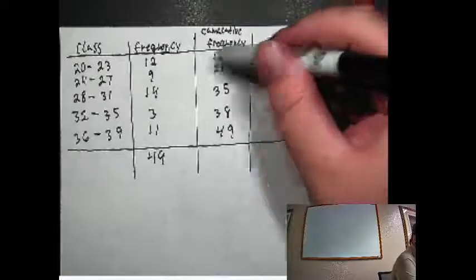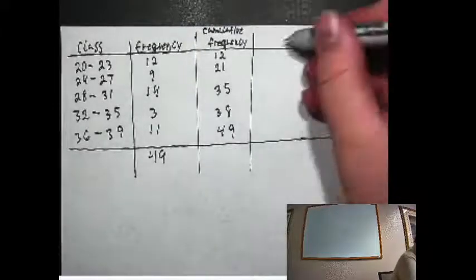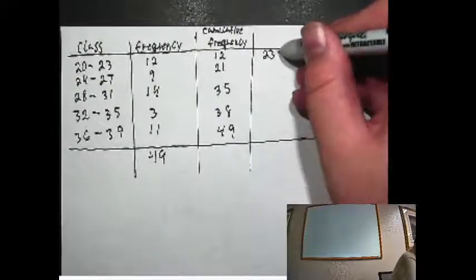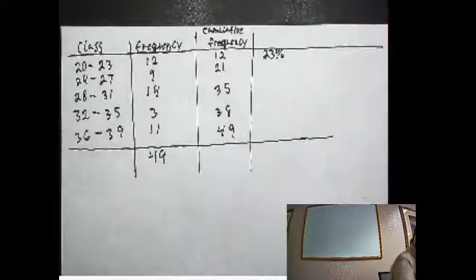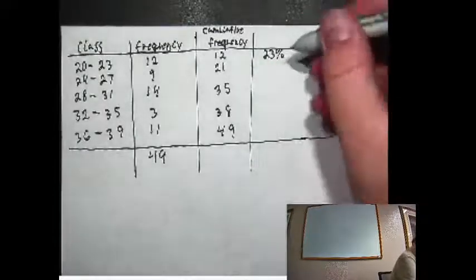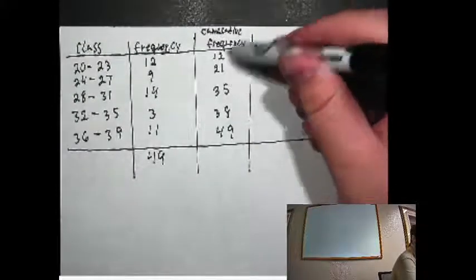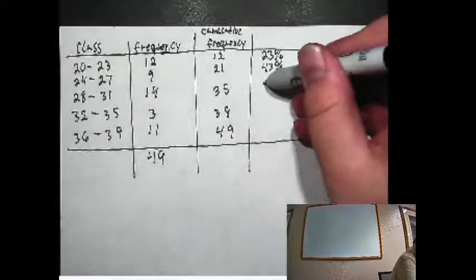So we can then do that. So 12 divided by 49 is 0.23, which I'll just make as a percent. So 23% of the data is in this class, just alone. Then 21 divided by 49, we have 43% is in these 2 classes. 35 divided by 49 is 71.